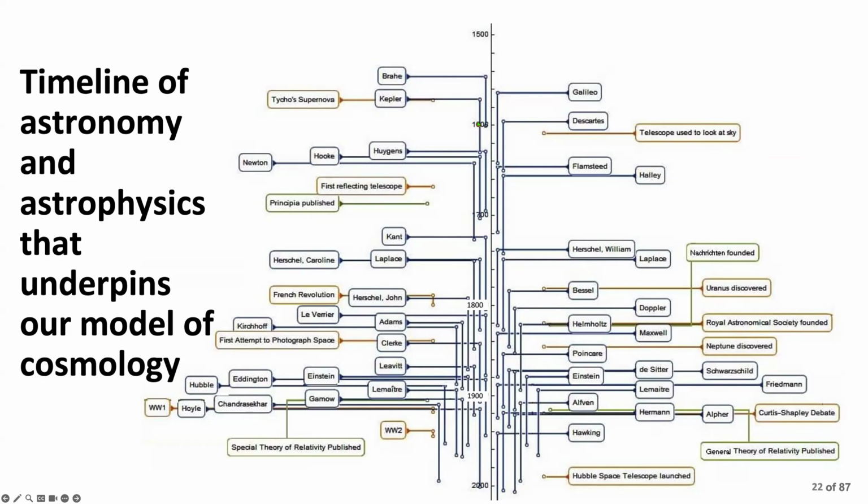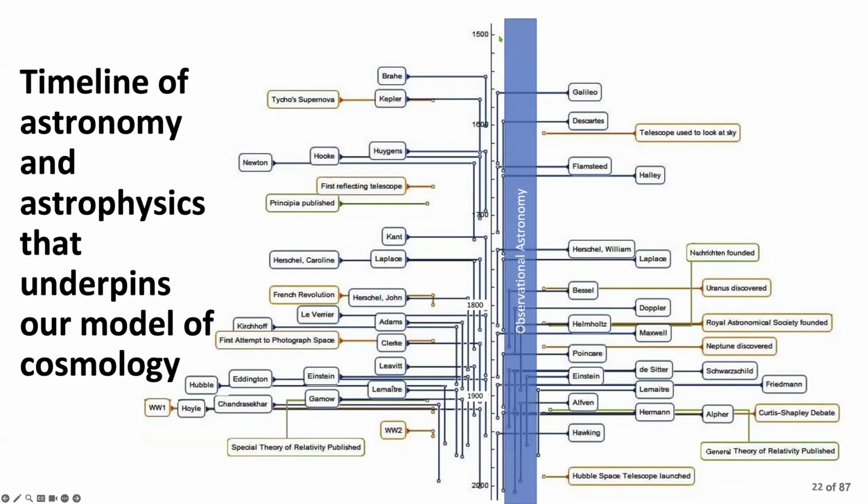So you see 1600, 1700, 1800, and so forth. And all of this, through this whole span of time, even going back to prehistoric times, is what I've called here observational astronomy. Just noticing things in the sky and wondering what they were and what they were doing.